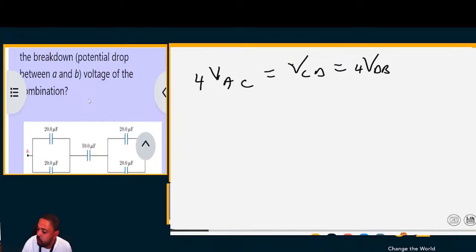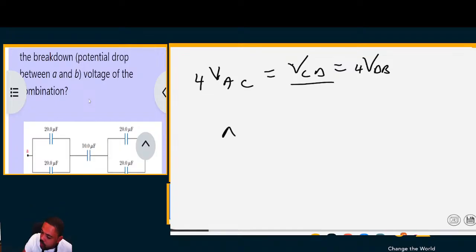The first voltage that is going to break down is CD. I'm just looking at my notes. I started from the other side, so that one is my A. I reversed them.